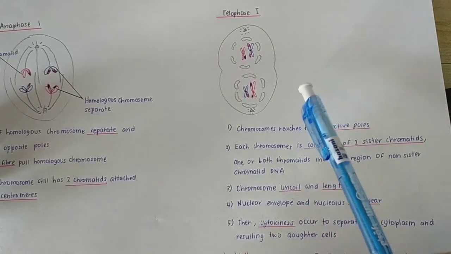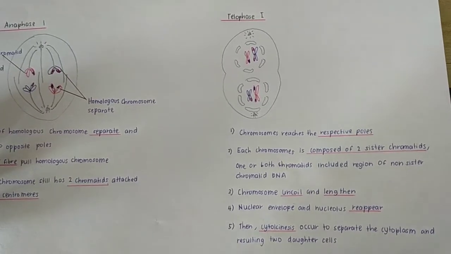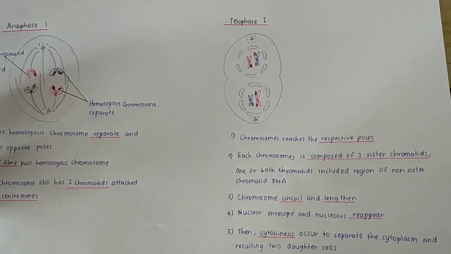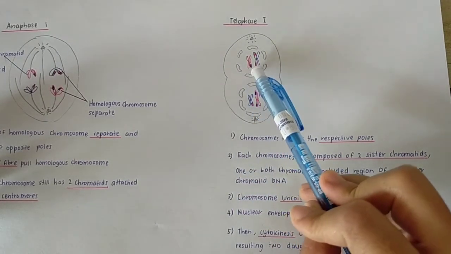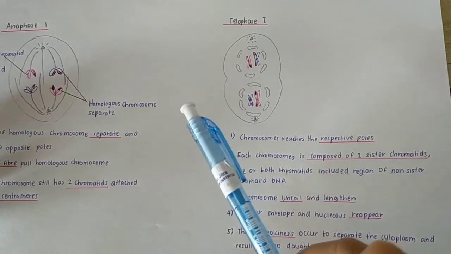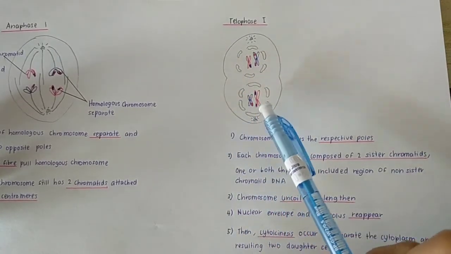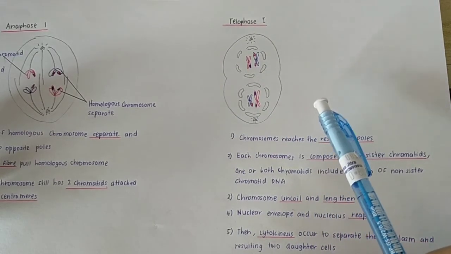Cell hanya akan divide sebaik sahaja berlaku cytokinesis. So means that at the end of the meiosis 1, okay, so two daughter cell will be produced, which the number of the chromosome is already reduced to half. Pada asalnya kita ada 2n equal to 4. Okay, bila berlakunya meiosis 1, so the daughter cell produced will become n equal to 2.